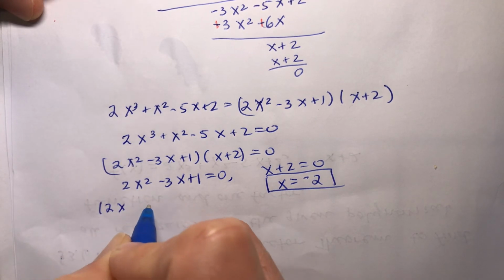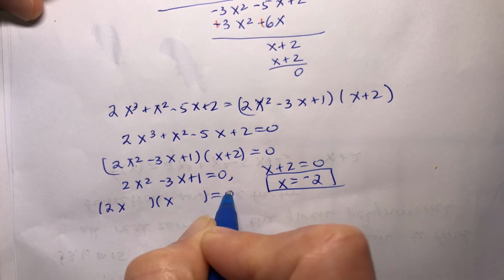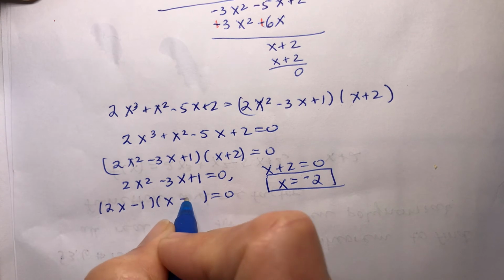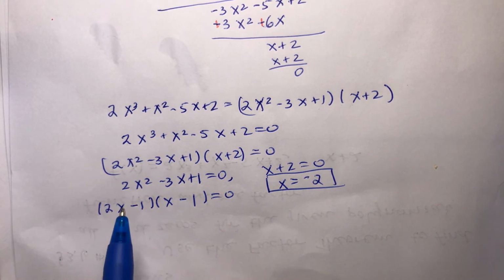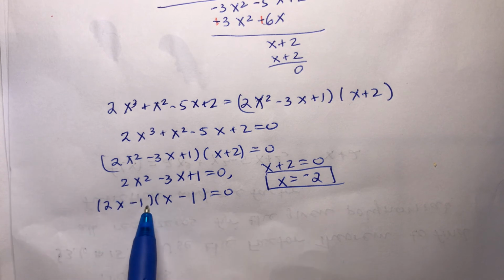Looking at this, I don't really have a plan, but look, 2 is a prime number. There's only 2 and 1 as factors. So 2x times x makes 2x squared.